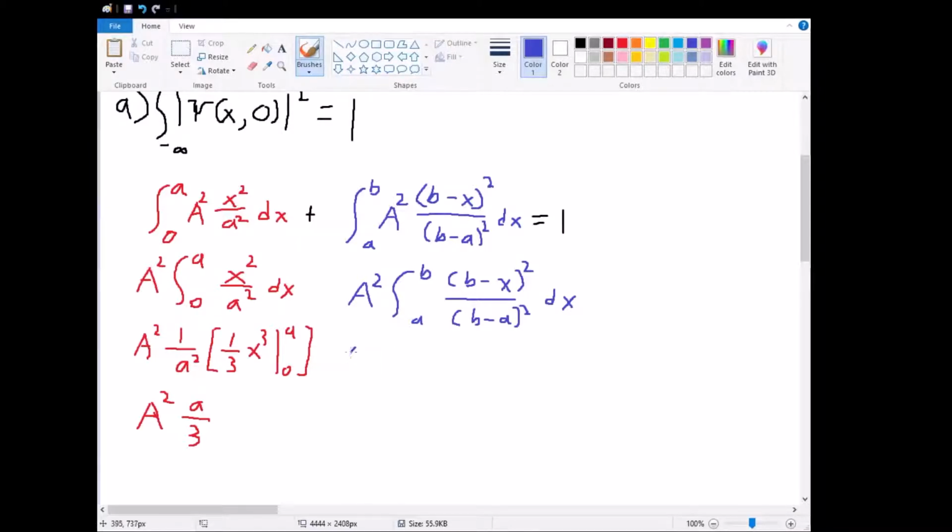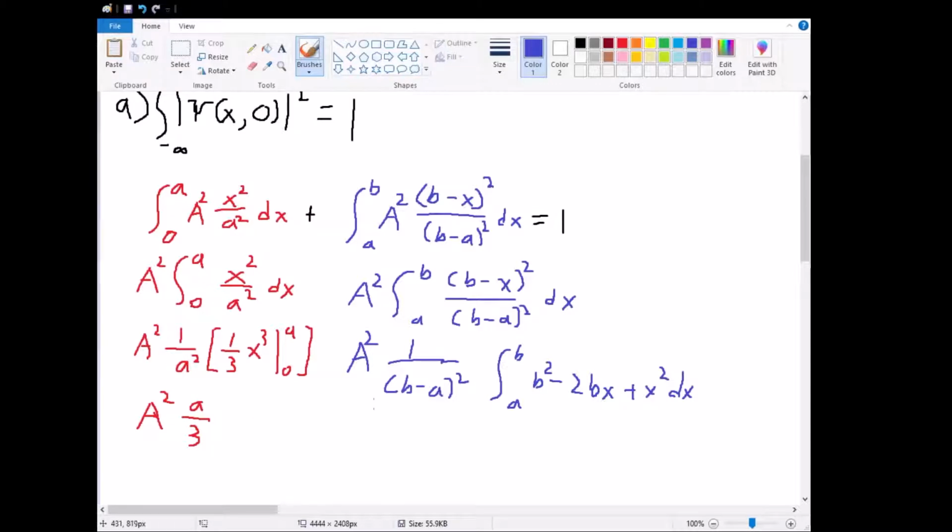That gives us A squared times 1 over (b minus a) squared times the integral from a to b of b squared minus 2bx plus x squared dx, where I've just expanded (b minus x) squared into b minus x multiplied by b minus x.